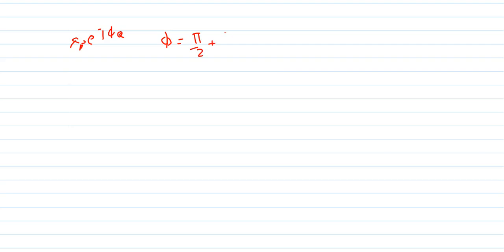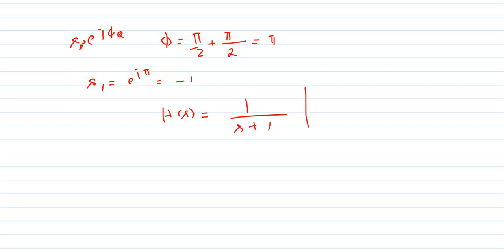So s1 is equal to e power j pi, which is cos pi minus j sin pi, equal to minus 1. You have only one pole. So my H of s is equal to 1 by s plus 1. This is my normalized analog transfer function.